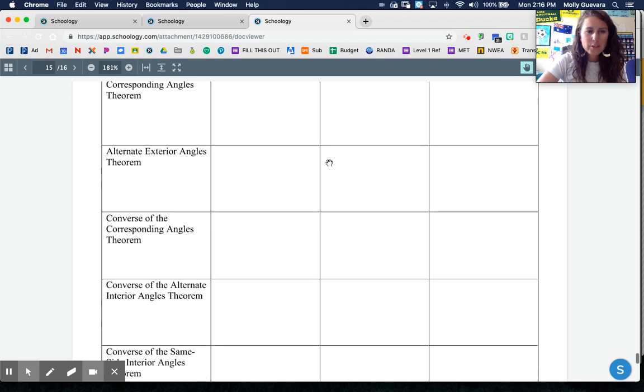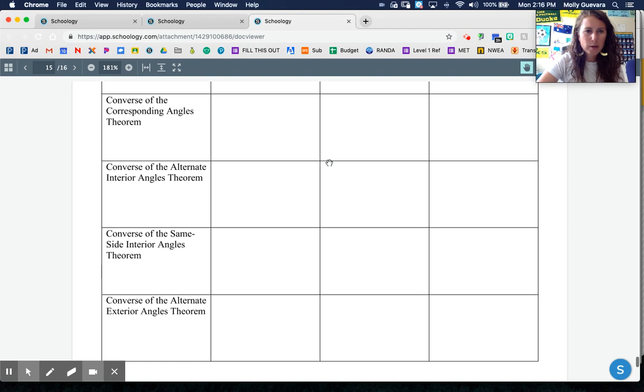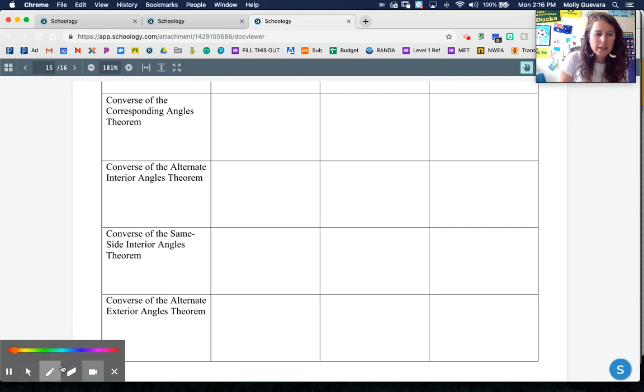And we're starting here with the converse of corresponding angles theorem. So again, sorry that the writing is not in there. I'm not sure what happened.